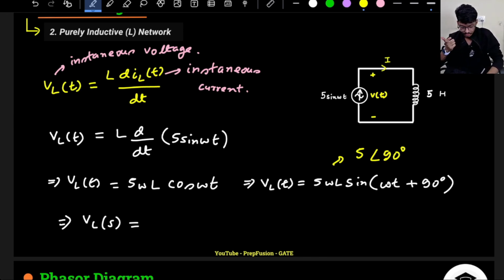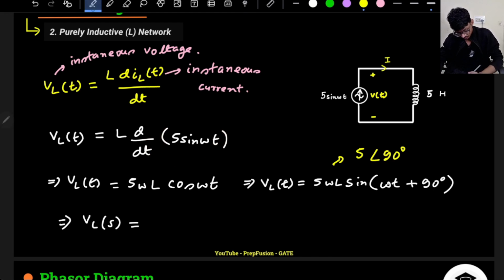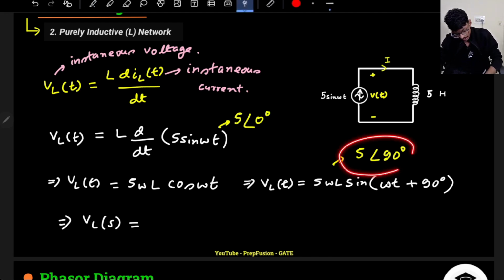There are other ways as well. Your current is 5 sin omega t. In phasor, the quantity is 5 angle 0, because sin omega t is my reference. If I want to write this in terms of my current, what changes can I do?